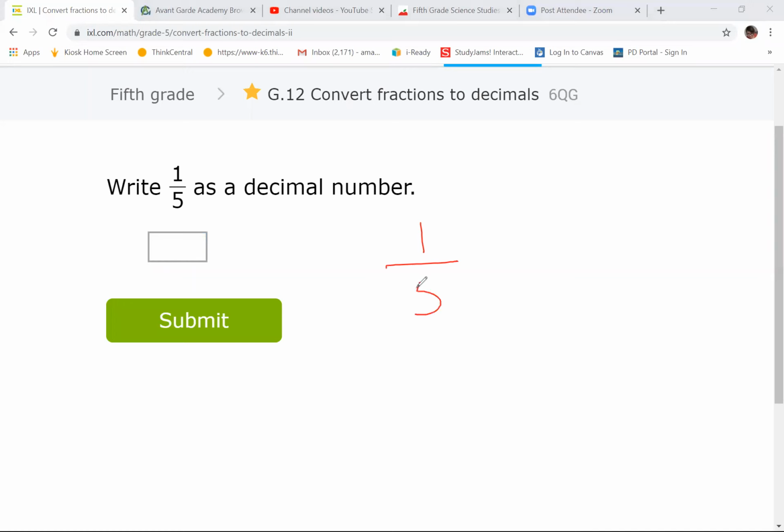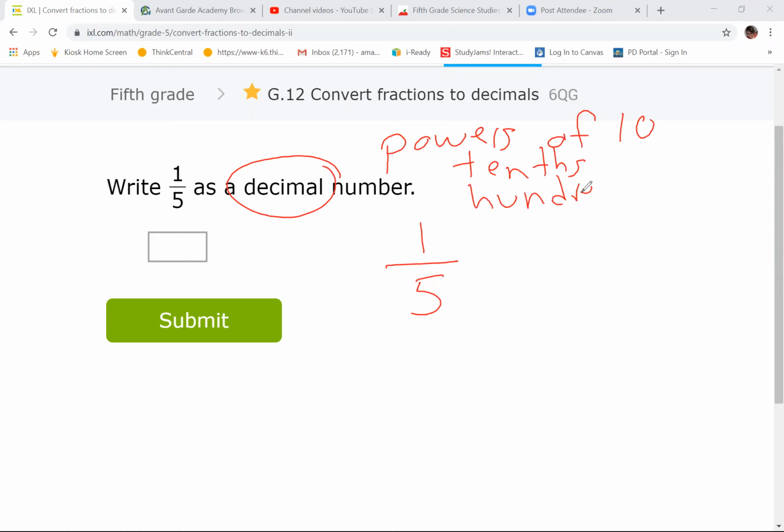1/5. Remember, decimals always have to be powers of 10 because we've got tenths. We've got hundredths. We've got thousandths. They're all powers of 10. So this needs to become a power of 10.